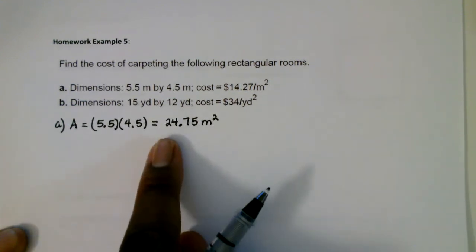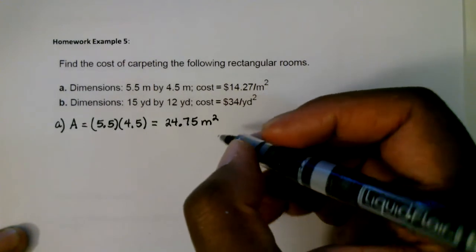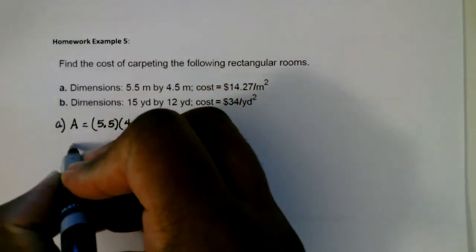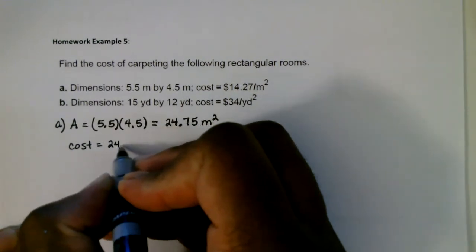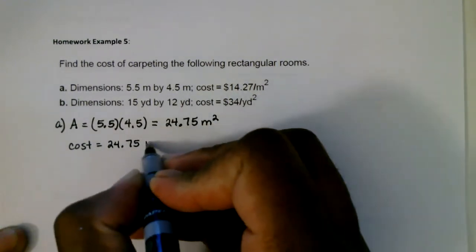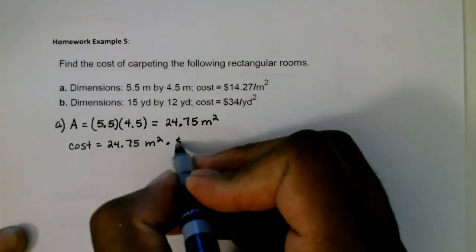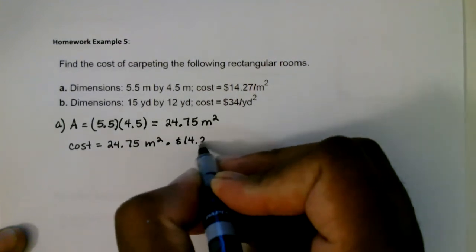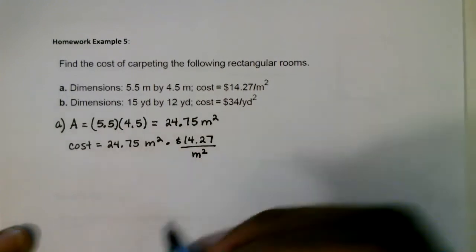And now we're going to take that 24.75 square meters, because here I want to find the cost. That's going to be multiplied by the cost, which is $14.27 per square meter.